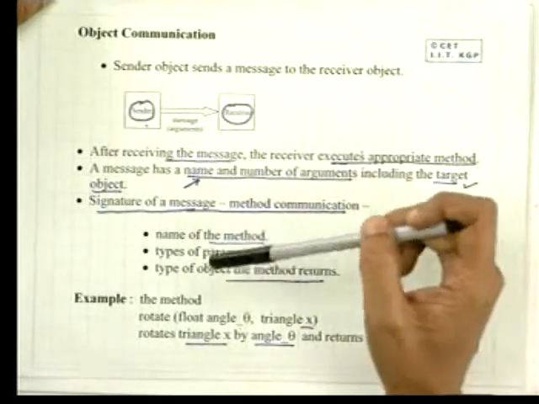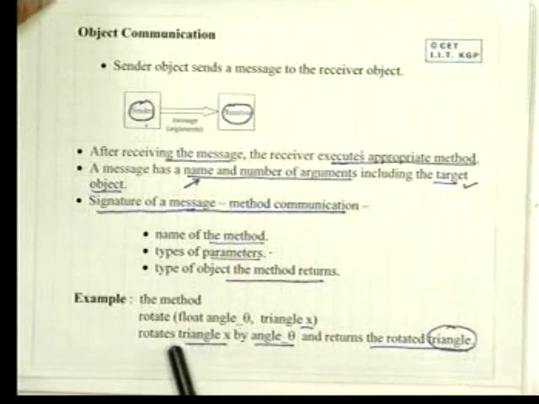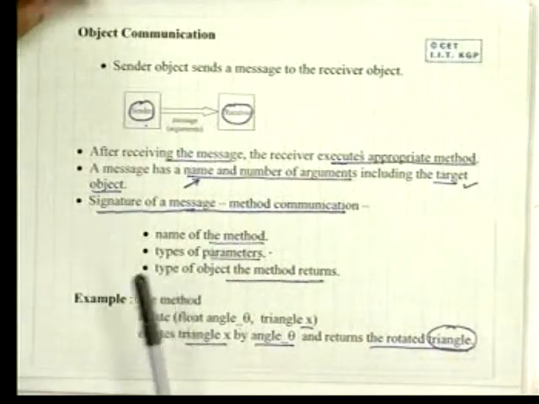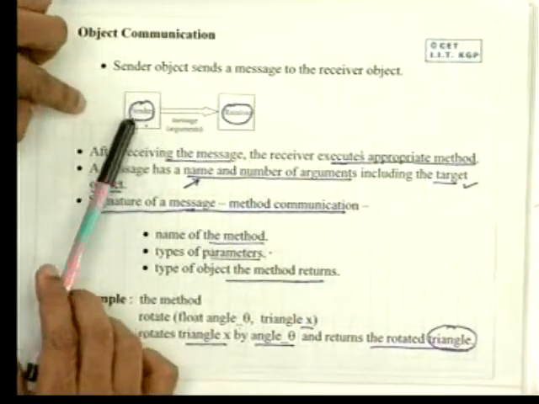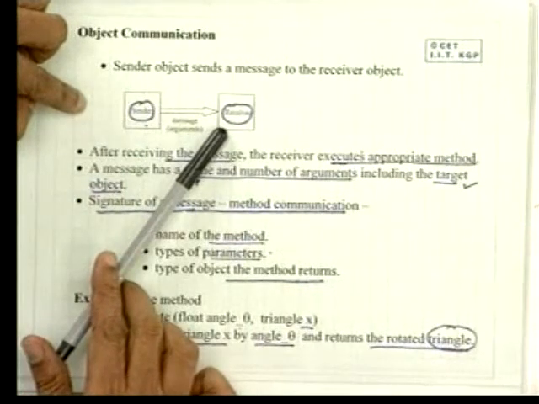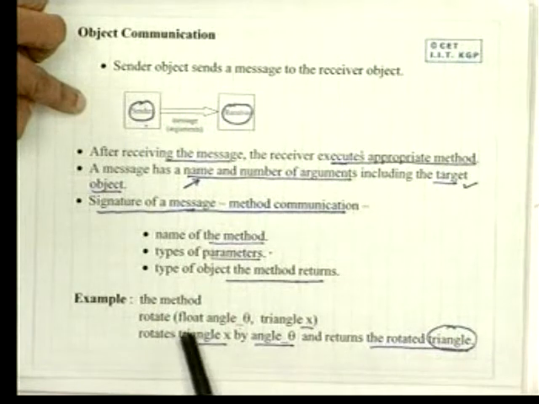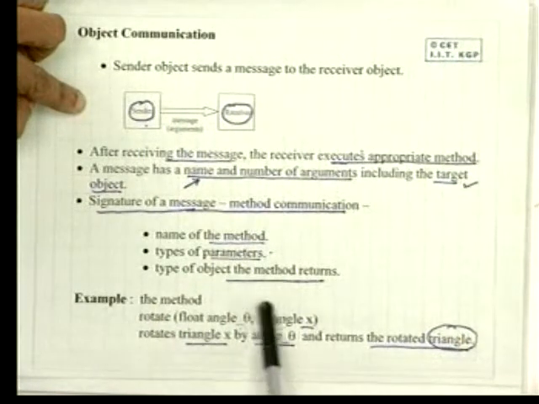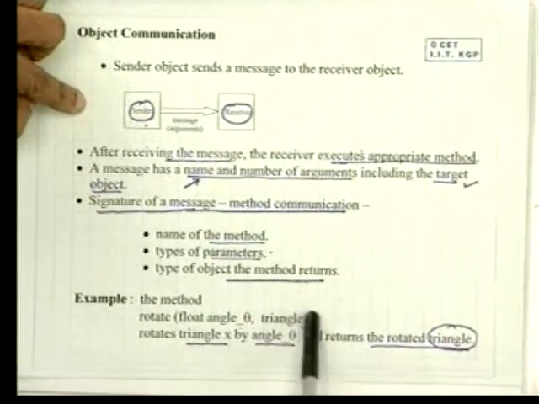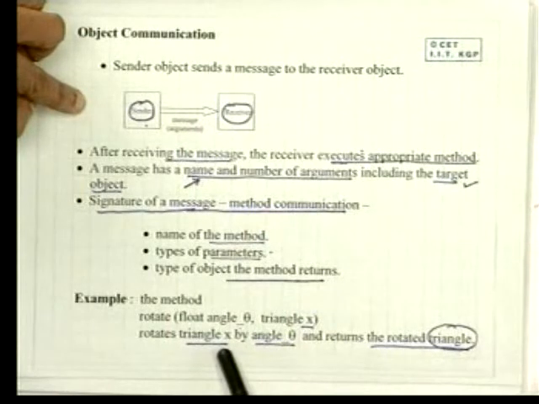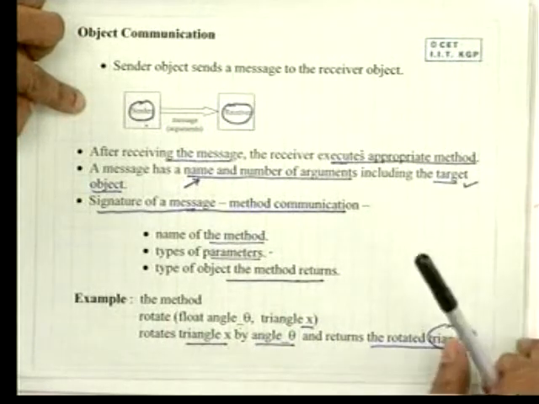And the question therefore comes, so for instance, if the sender object sends a message to a triangle object, rotate, then this rotate function, the corresponding rotate method or operation, will be executed to rotate the triangle x by an angle theta.